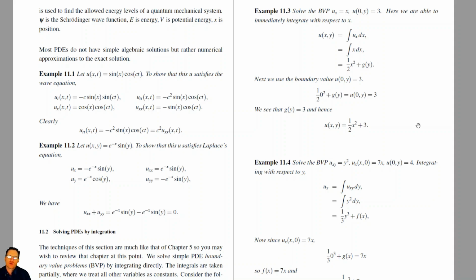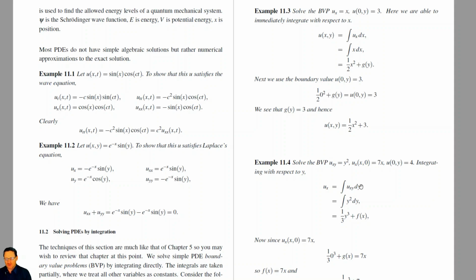Okay, so similarly we integrate u subscript xy with respect to y, and we get u subscript x. So we just take the equation and apply the integral with respect to y. What you get on the left when you do that is just the partial derivative of u with respect to x.